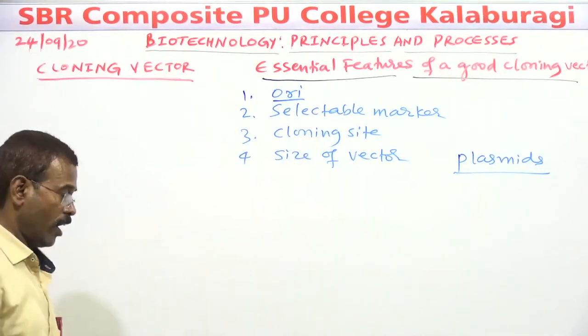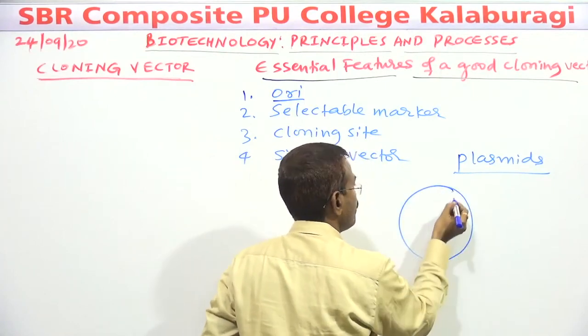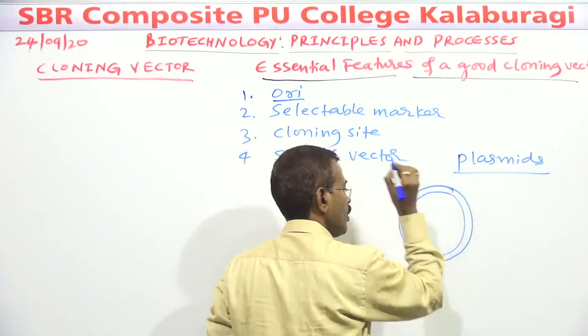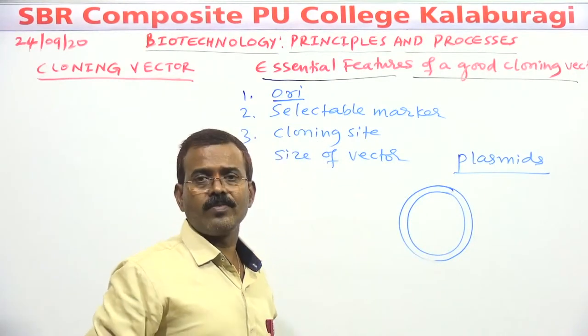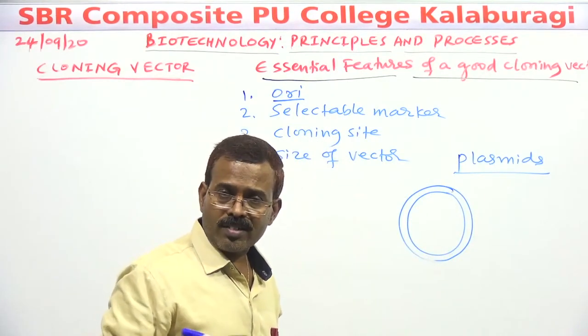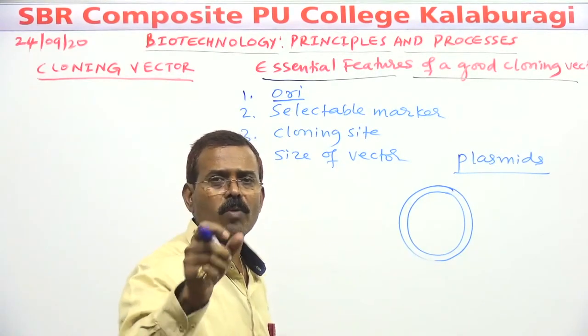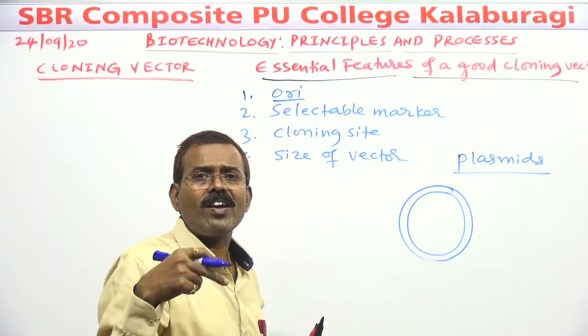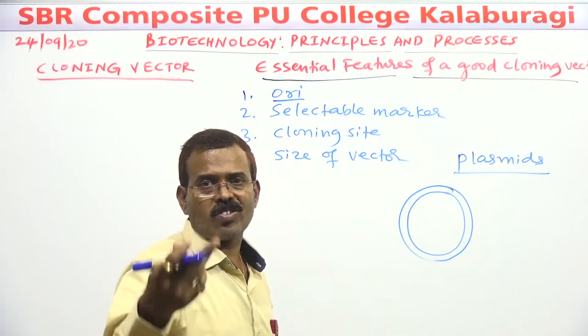First point is ORI. Suppose this is a plasmid. Plasmids are small, double-stranded, circular, extrachromosomal DNA having self-replicating property. It independently replicates, it independently multiplies from the host cell.